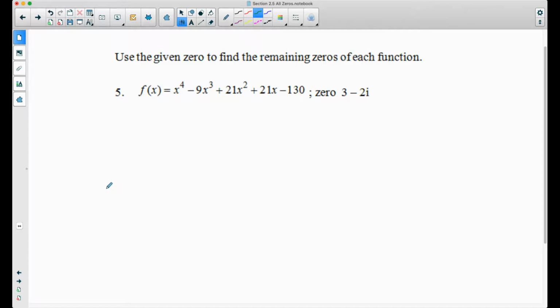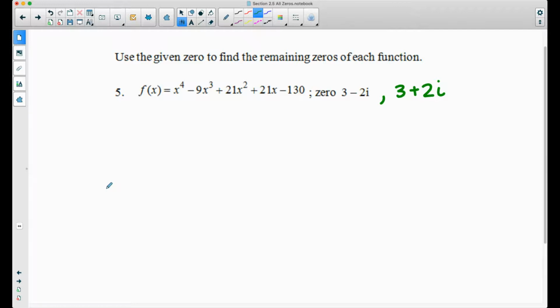If I gave you a calculator, you would find the other 2 zeros. So I'm giving you an imaginary number. We know the other 0 is what? 3 plus 2i. I'm giving you 2 zeros.